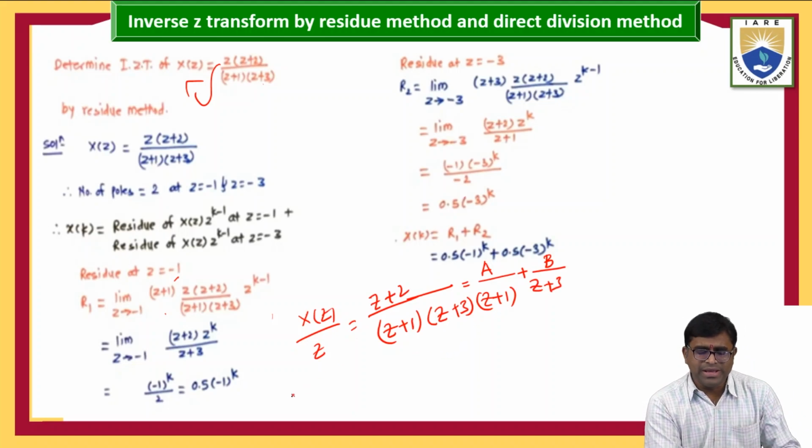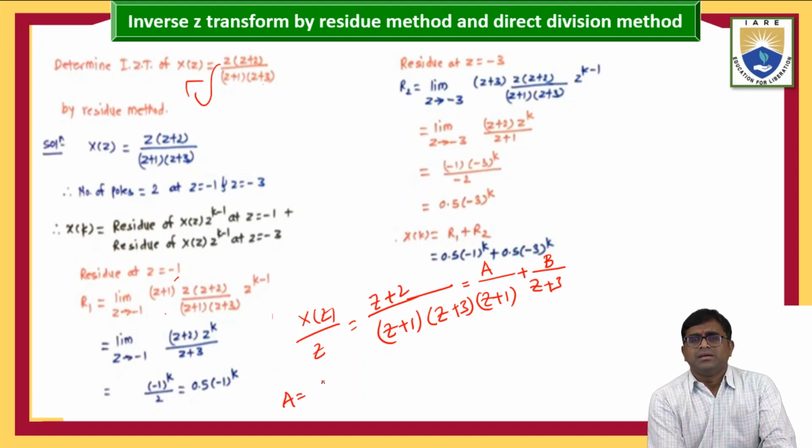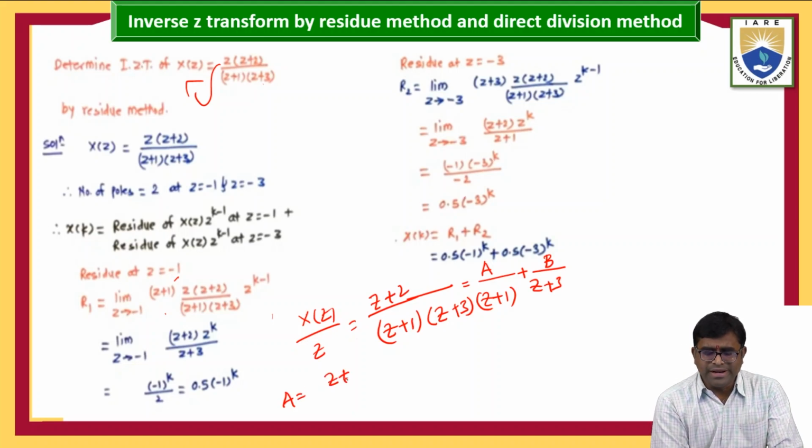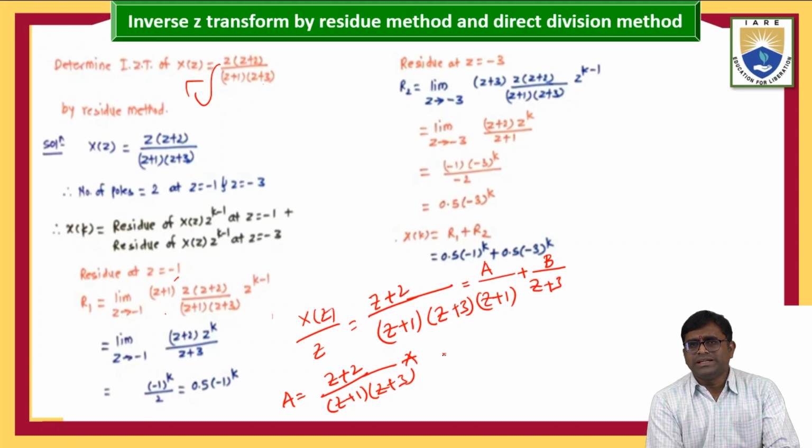If you want the value of a, first of all write the total function: z plus 2 by z plus 1 into z plus 3, multiplied by the denominator factor of a, that is z plus 1.